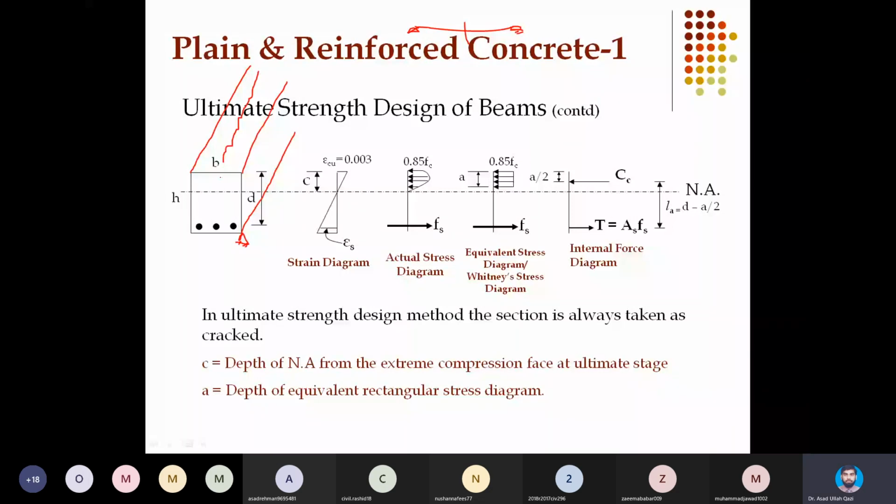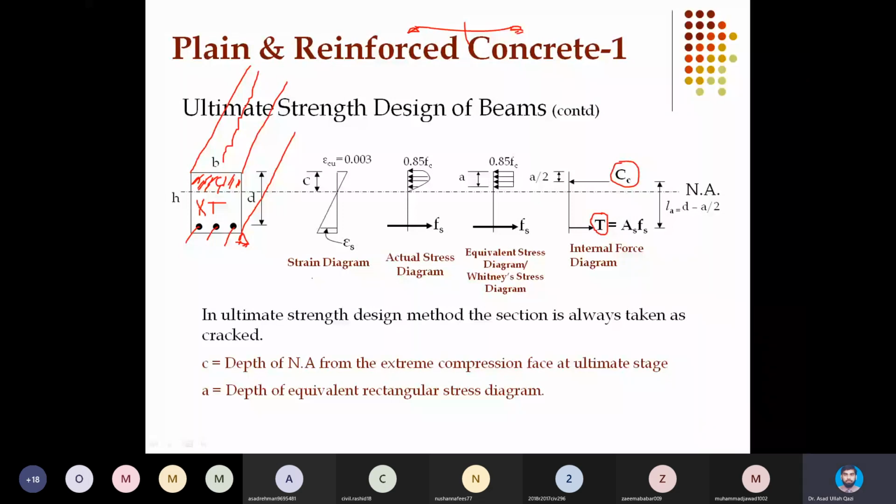Above that neutral axis there is compression, and concrete is contributing in that compression force. Below the neutral axis there is tension, and the concrete role is negligible and it is not considered, and all the tension is being developed by the steel bars. So Cc is given by the concrete and T is given by the steel.